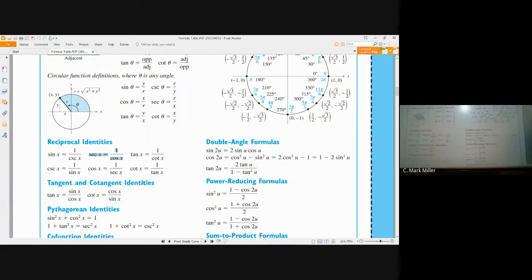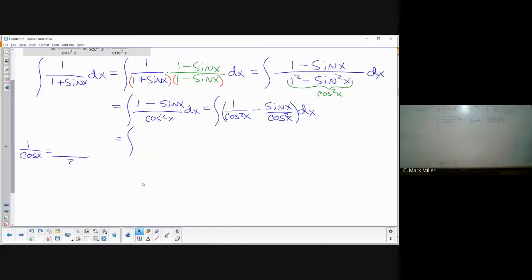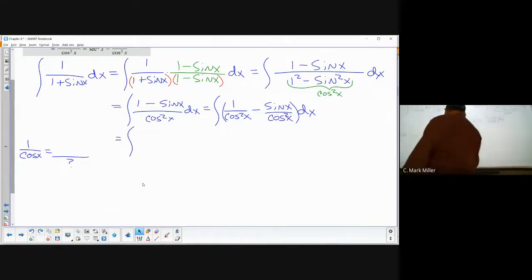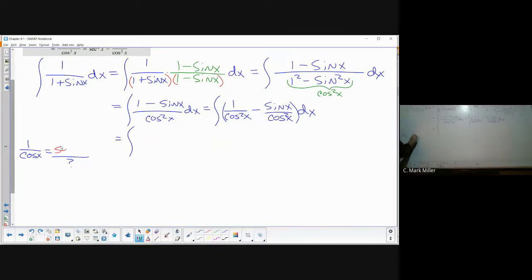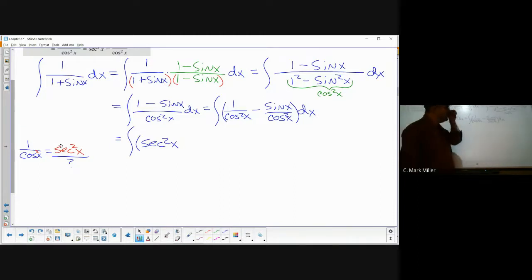I'm not kidding. So that is secant x. So 1 over cosine squared is secant squared x. So this is secant squared x. Now, we're going to do a little trick on this next one.